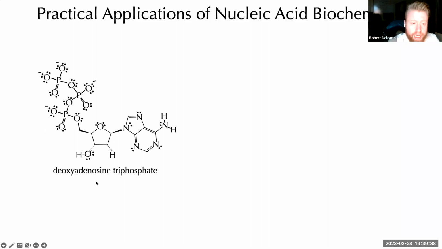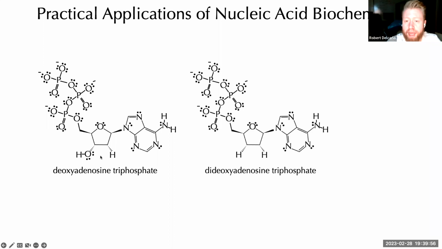So this is deoxyadenosine triphosphate. This is what would be added to the growing chain as DNA is polymerizing. And one way that you can break a polymerase would be to stop it from adding anything to this 3' hydroxyl group. And so that might be what you have here with dideoxyadenosine triphosphate. So you've got your adenosine, you've got your triphosphate, but you're missing both hydroxyl groups on the 2' and the 3' carbon.